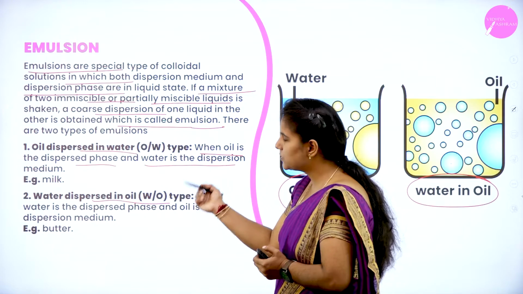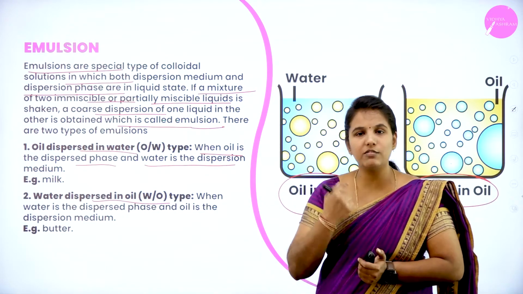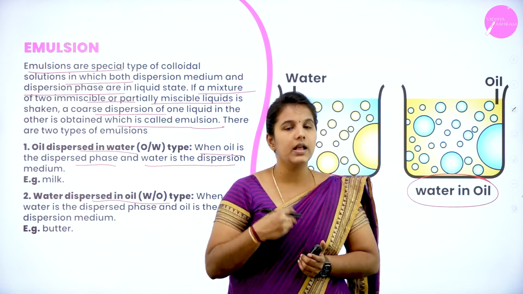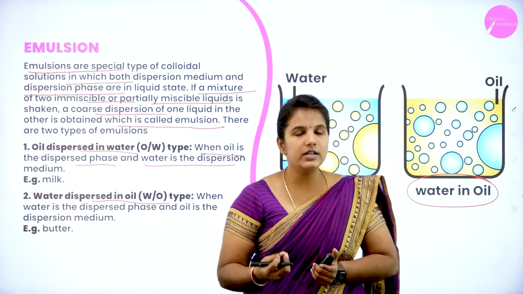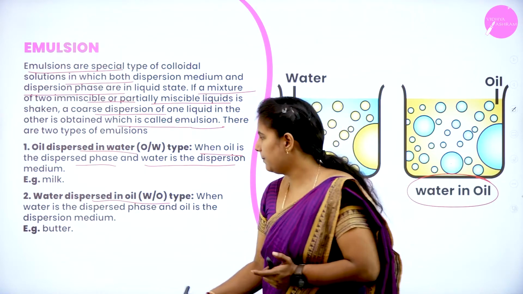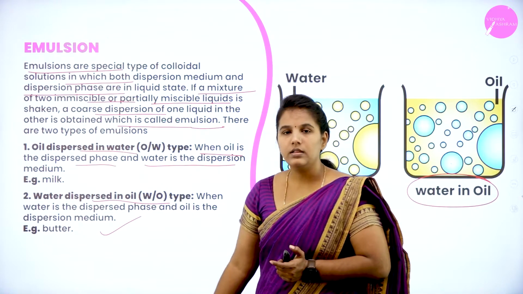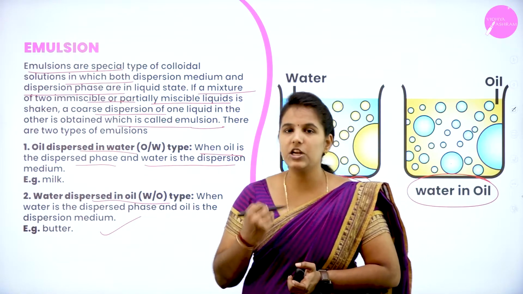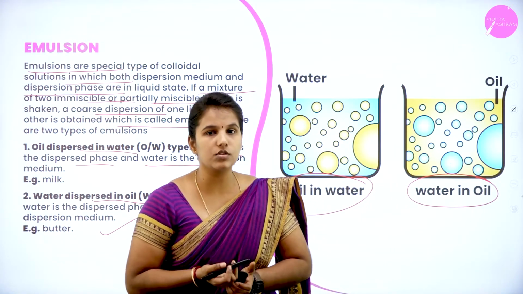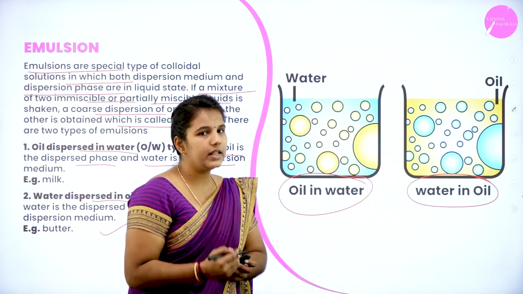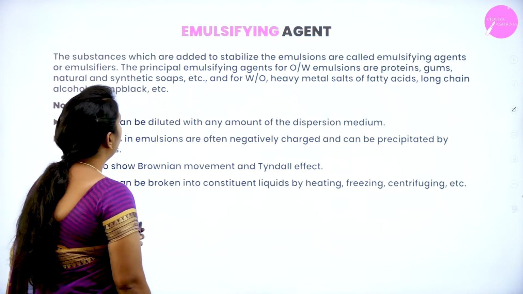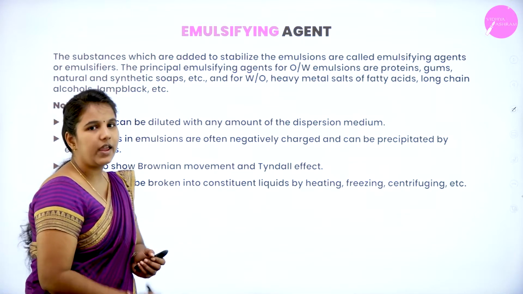Whereas in water dispersed in oil, water itself acts as the dispersion phase and oil acts as the dispersion medium. An example is butter. This is the special type of colloidal solution which is named emulsion, and these are their types.